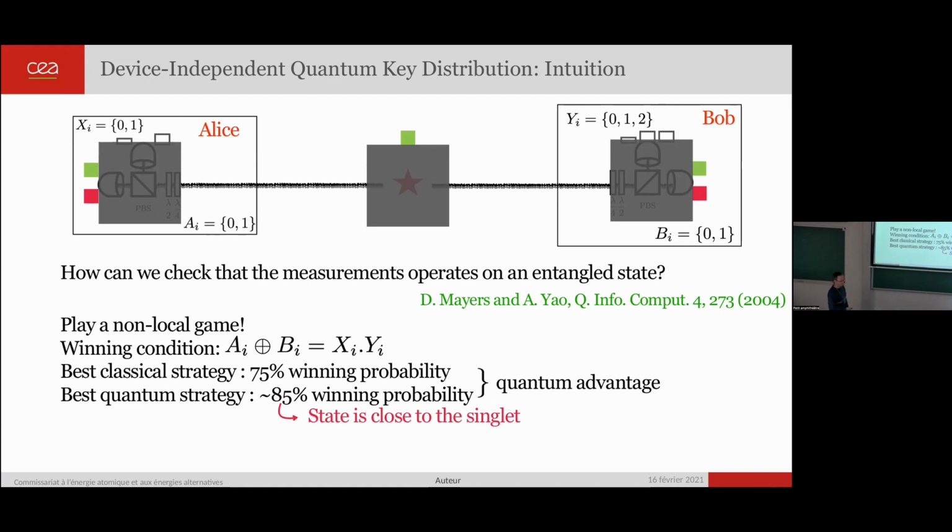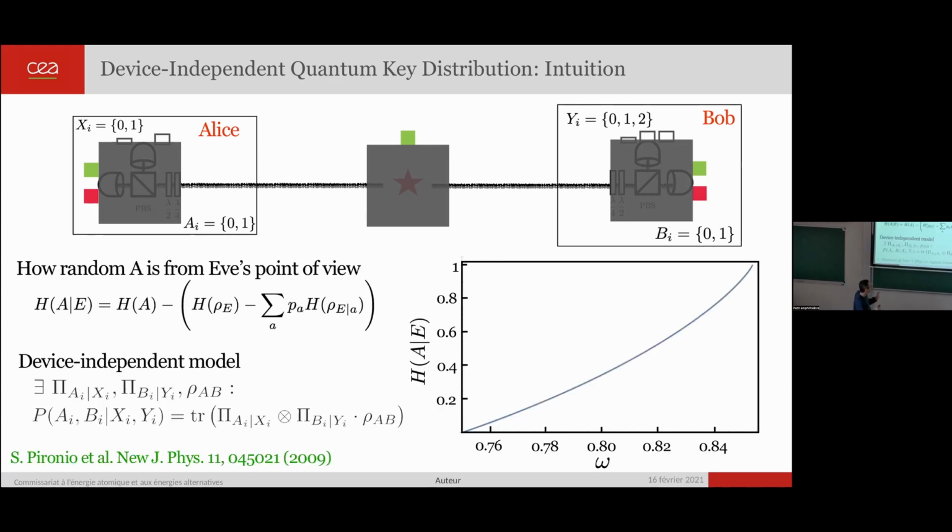That's the intuition. And to be more precise, already in 2009, Stefano Pironio and co-workers estimated the uncertainty that an adversary will have about Alice's outcomes in this black box scenario, as a function of the winning probability.